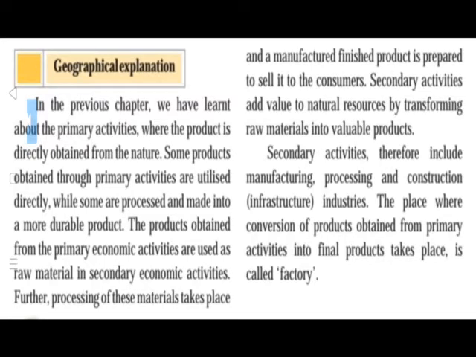The place where the conversion of products obtained from primary activities into a final product takes place is called a factory. A small definition which can come across as 'define factory'. So you can write this as a definition.